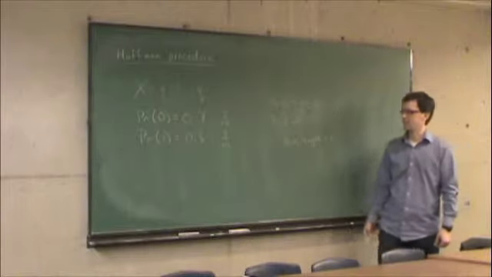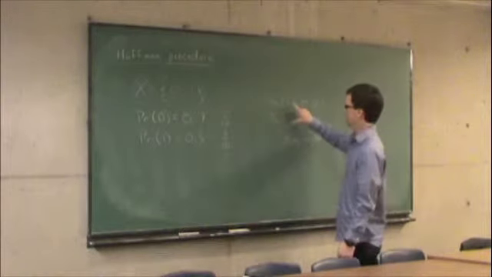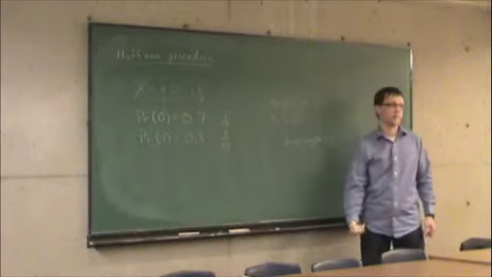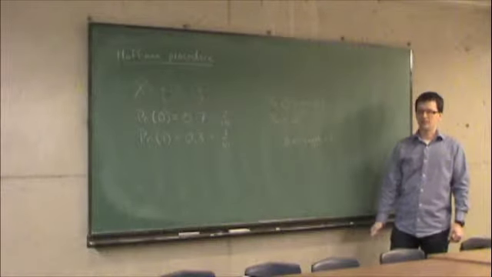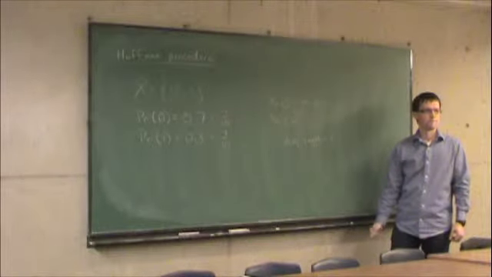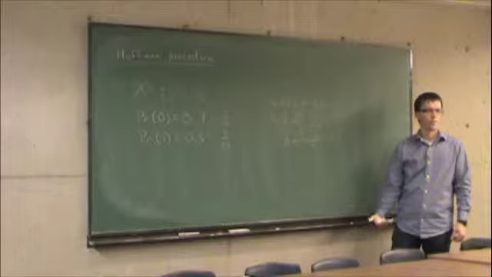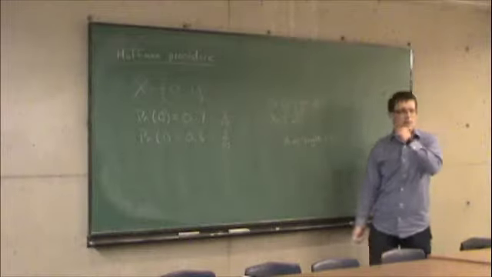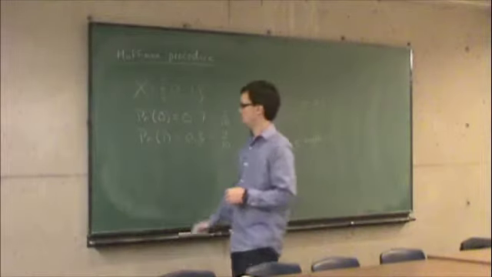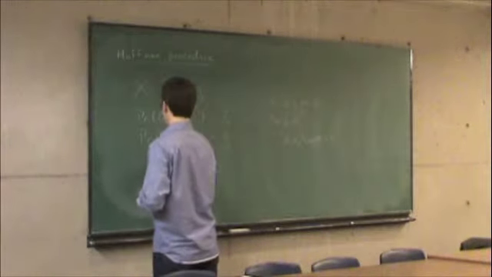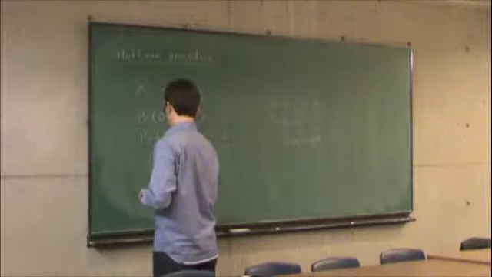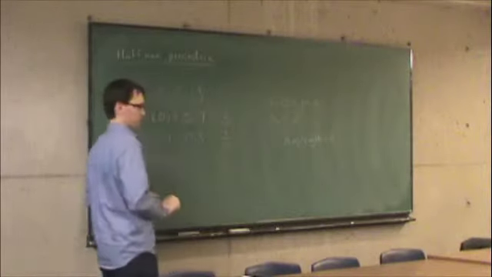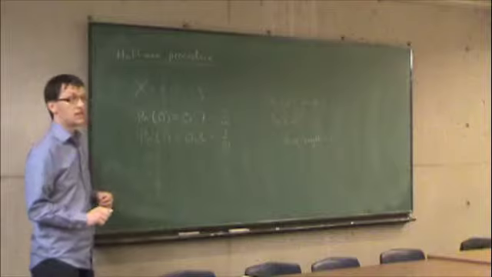So what's the main problem here? The main problem here is that I only have two elements to work with. How do I increase the number of elements? What if we look at pairs? So if I have 0,0, 0,1, 1,0, 1,1, what's the probability of a 0,0?